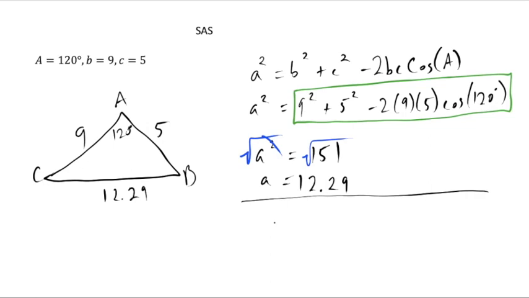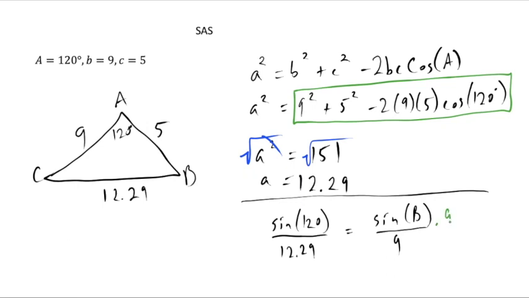So this is going to be the sine of the angle I know, which is 120, over its opposite side, which is 12.29. And that equals the sine of B over its opposite side, which is 9. Here you can see that I just need to start by multiplying both sides by 9.